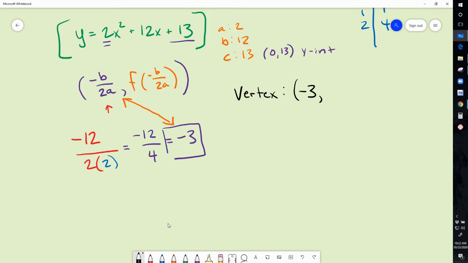Now we plug in negative 3 into the equation and solve for y. So we're basically saying if we know that x is negative 3, what does y equal whenever x is negative 3? And that's where the vertex is going to be, right?